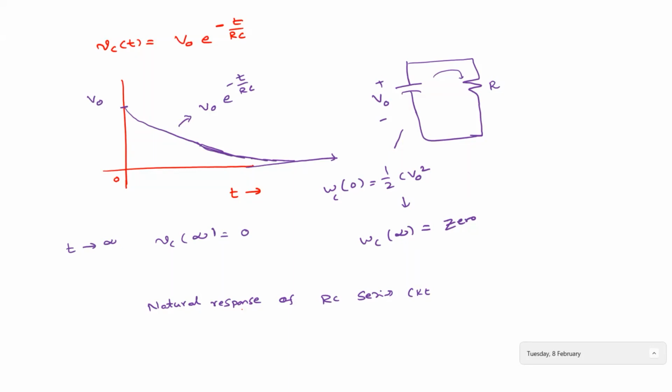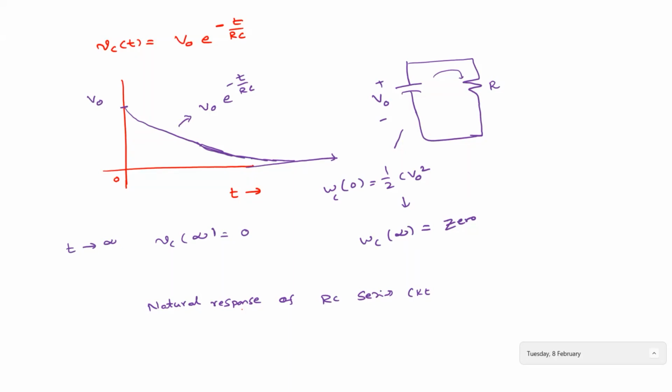So no questions, no doubts, right? This is known as the natural response. What we did just now is called the natural response. The capacitor has some stored energy, and we derived how it is spent.